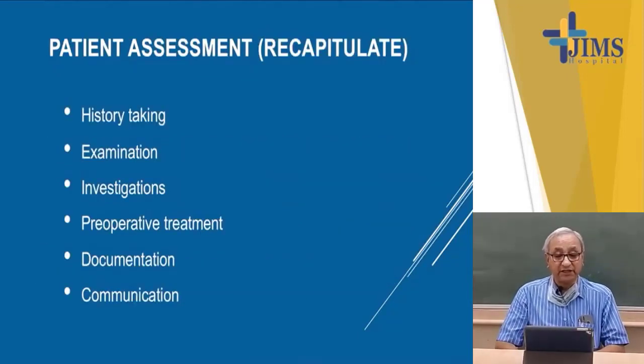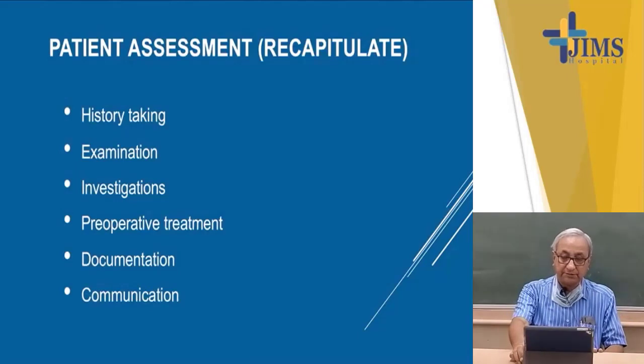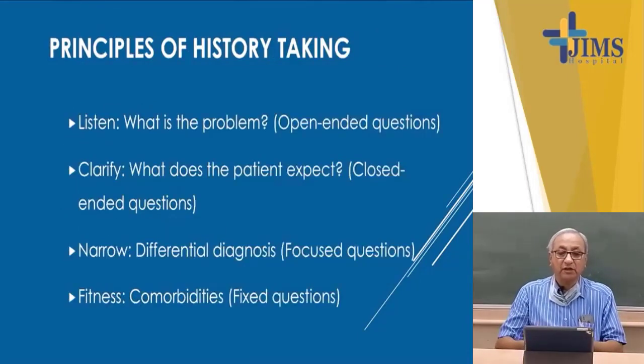Just to recapitulate, the patient assessment which we had already done comprises history taking, examination, investigation, preoperative treatment, documentation and communicating with the patient. Just to recapitulate, principles of history taking: listen to the patient, what is the problem?